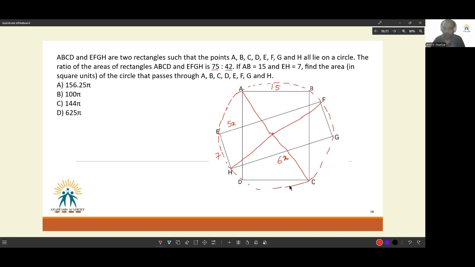So look at the diameter, or the diagonal diameter, whatever you choose to call it. 2R whole square is equal to 15 square plus 25x square, and 2R whole square is also equal to 7 square plus 36x square. I can equate these two.